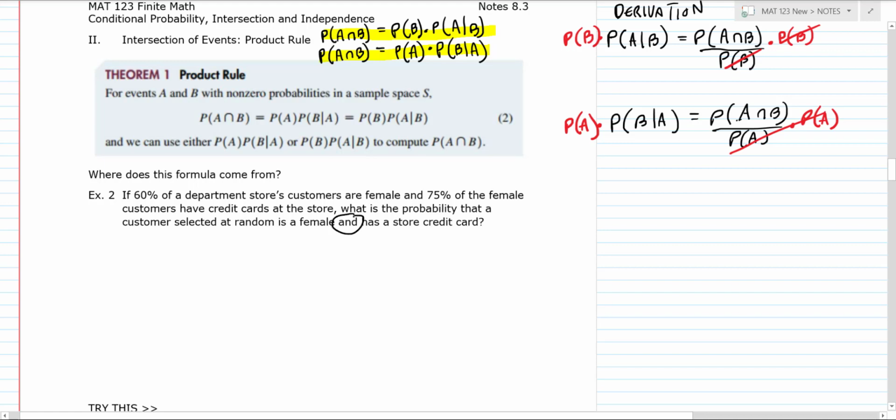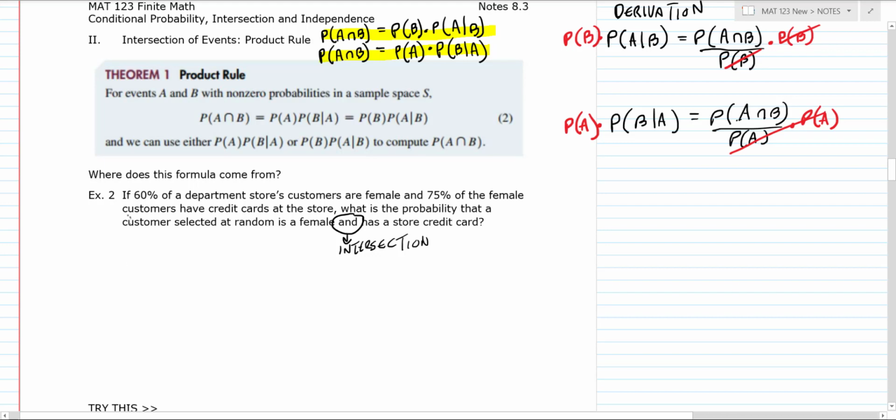All right, so what we're really doing on this problem is finding the probability they're female and they have a credit card. That's a set intersection, so we're going to be using the formula that we have up here.